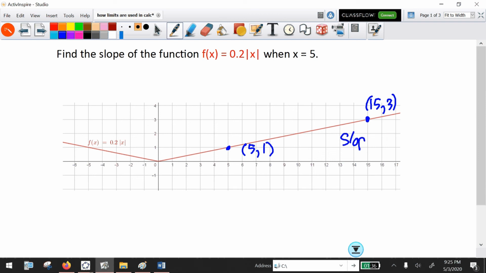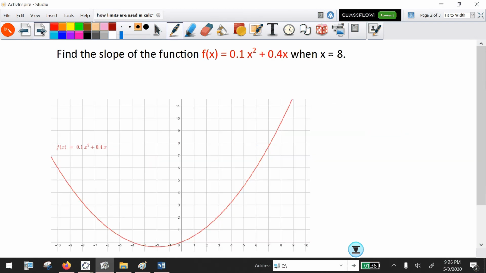The slope is equal to y2 minus y1 over x2 minus x1. So we have 2 divided by 10, which is otherwise known as 0.2. And we have our answer. When x is equal to 5, the slope of that function is equal to 0.2.